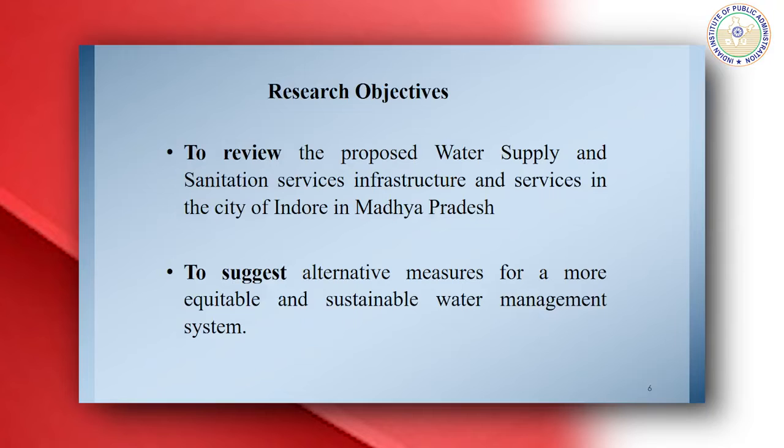It is known as SMART, S-M-A-R-T. S stands for specific, M stands for measurable, A stands for achievable, R stands for realistic, and T stands for time bound. Now we can see the author is restricting his study only to one particular city of India, and the suggestions are given for attaining sustainable water management system for the particular city.